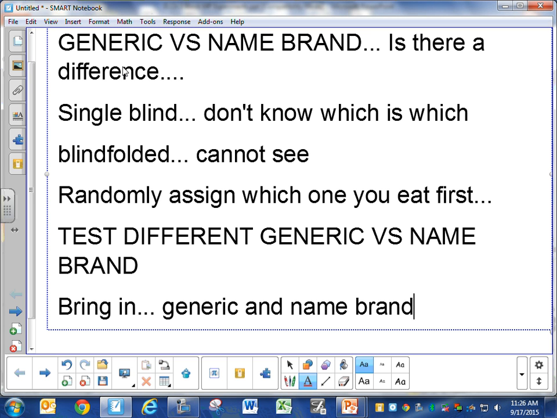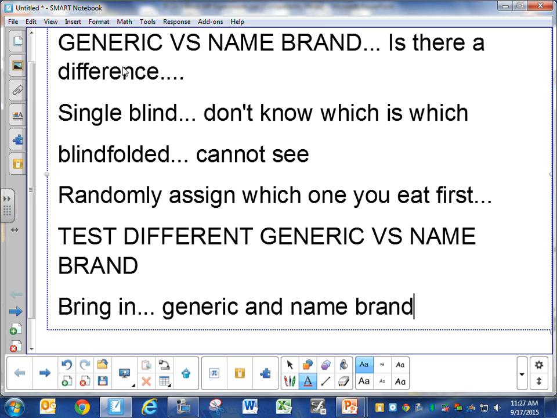Yes, Ms. Martinez. So are we going to have the whole class? We're going to have the entire class to do this and the other experiments. Yes. Okay? This is our application of the experimental design. We think that name brand is the best. We will find out. Okay?